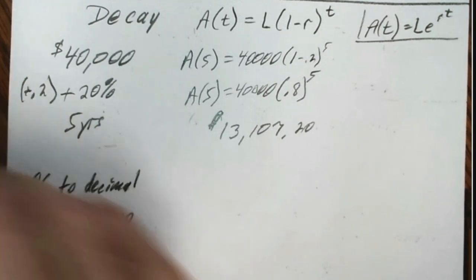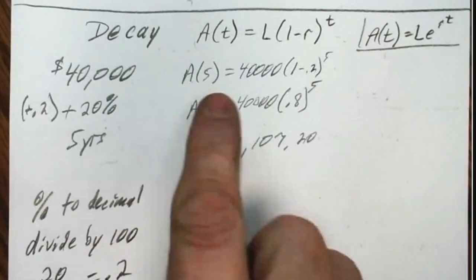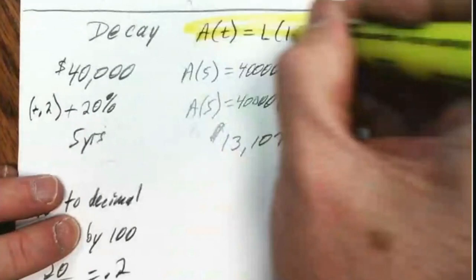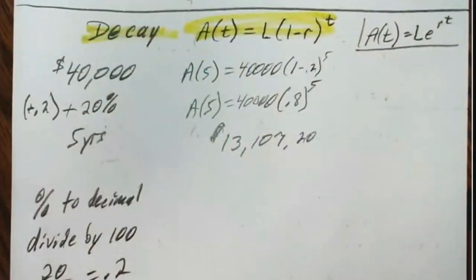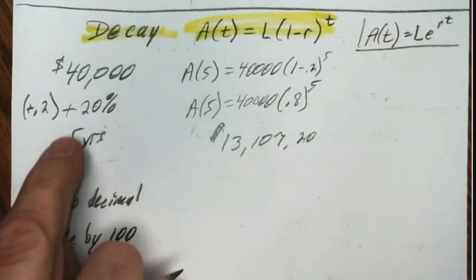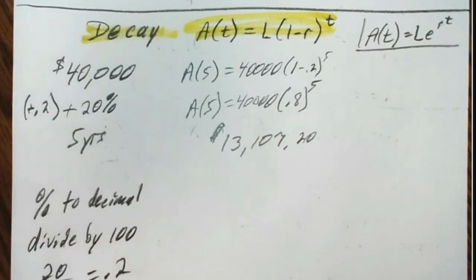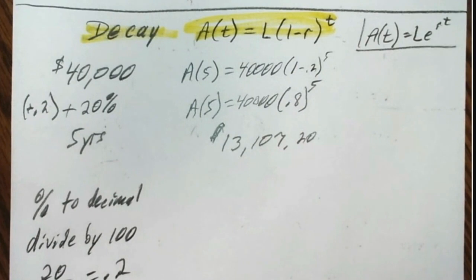So this isn't off by much. But this is the decay formula. So this is good for your notes right here as well. But the thing is practicing, learning to convert percent to decimal, because you have to have it in decimal form.